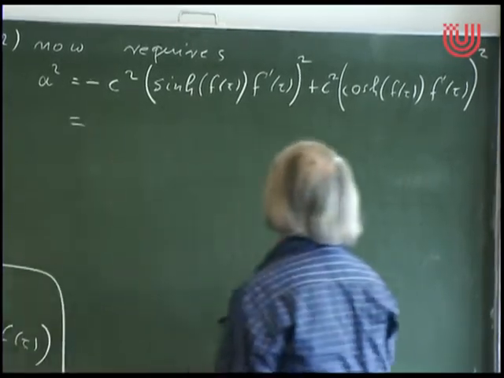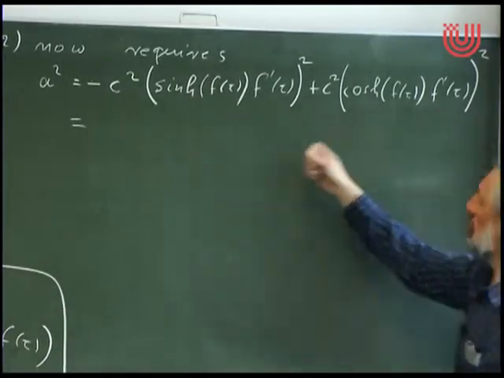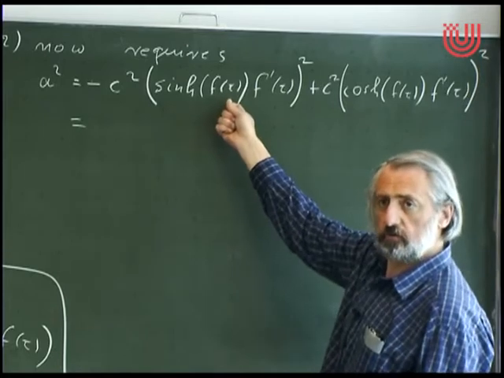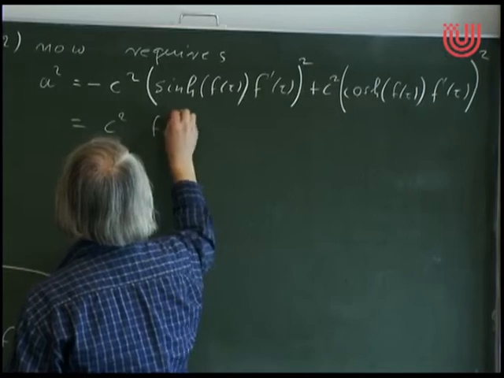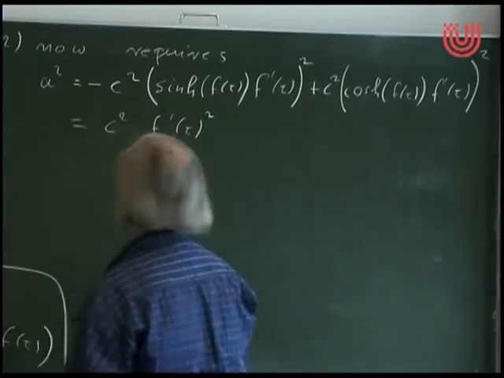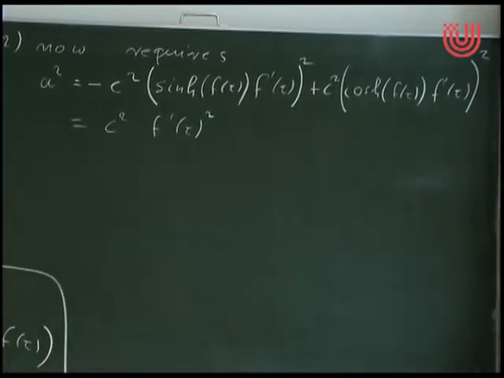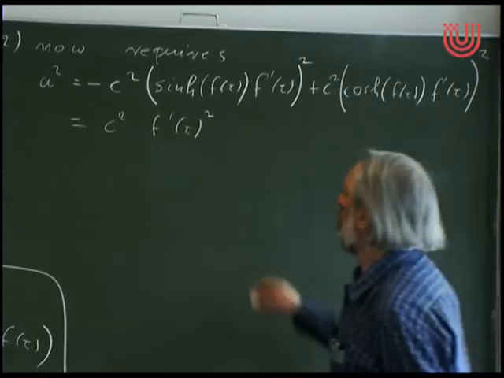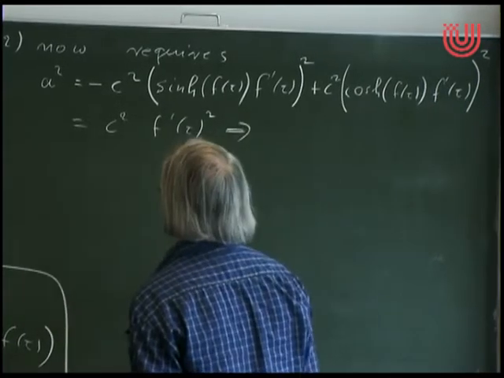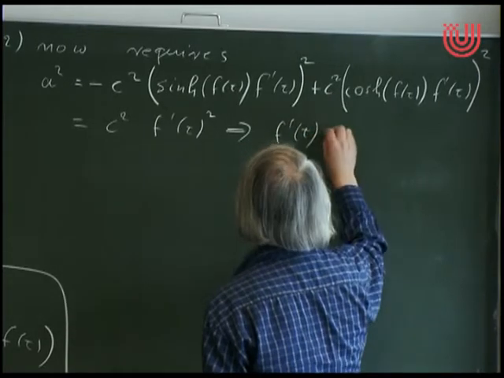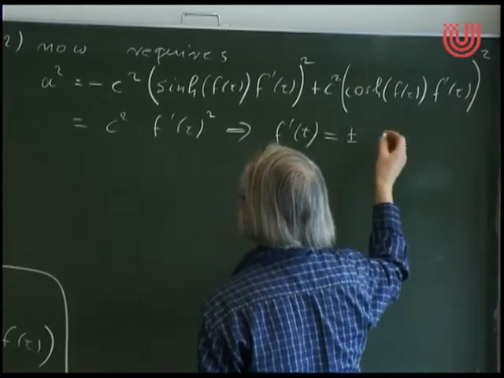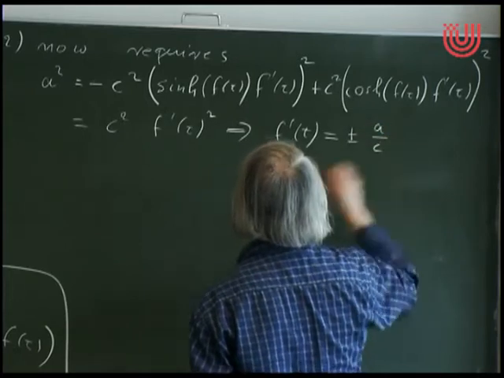And this very nicely gives cosh squared minus sinh squared, which is just 1. So this gives plus c squared f prime of tau squared. That's it. And of course I can solve this for f prime, and I get plus or minus a over c.